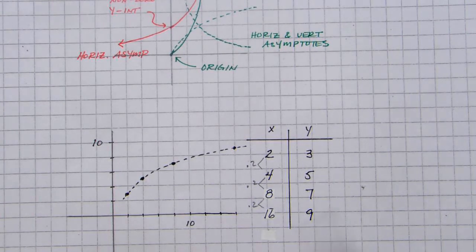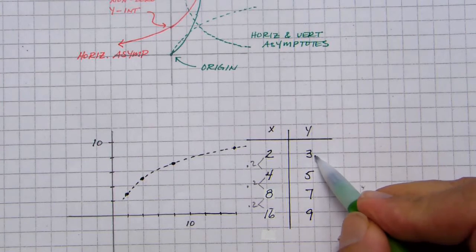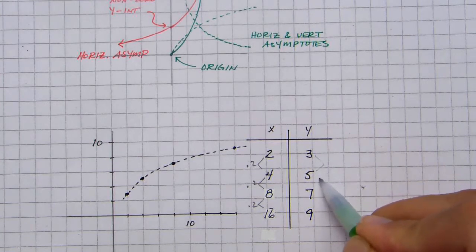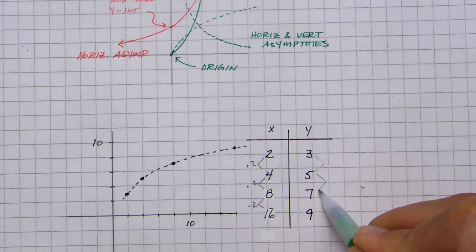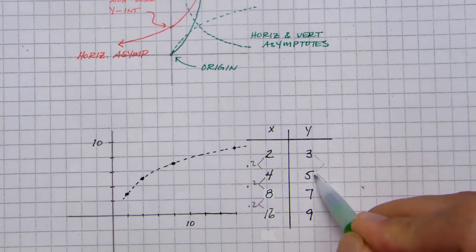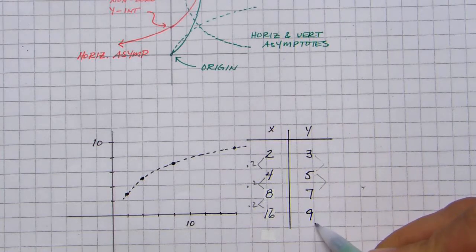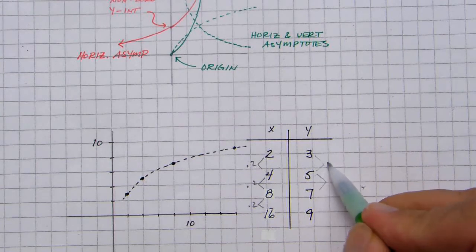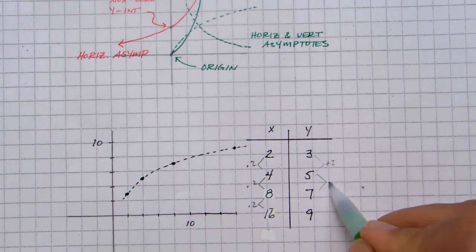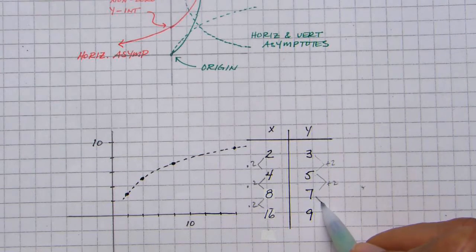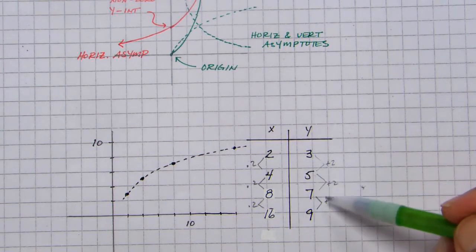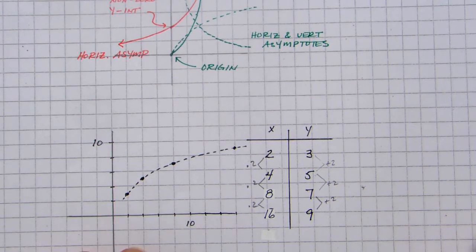We have to check the other side. 3 times 1 point something gives me 5. 5 times, I don't think I'm going up in multiples here. So how am I changing? Well, I'm adding on 2. I'm adding on 2. And I'm adding on 2. This is an example of this multiply add pattern that I was alluding to earlier.